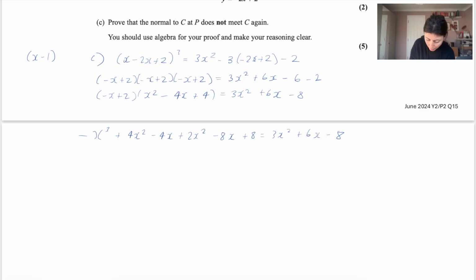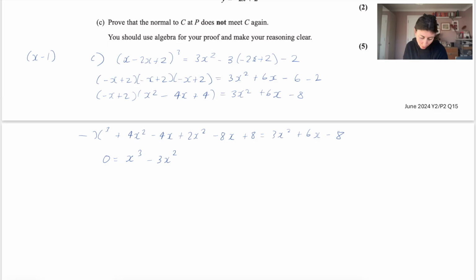You can actually see me doing a full run through of this paper in one of my other videos, speedrun video. I'm going to move this all to the right because I like my first term to be positive. So we've got 6x squared, so 3x squared minus 6x squared.